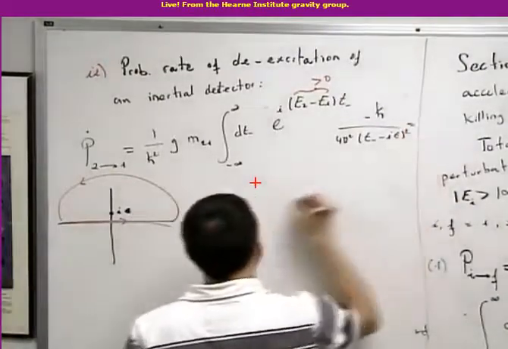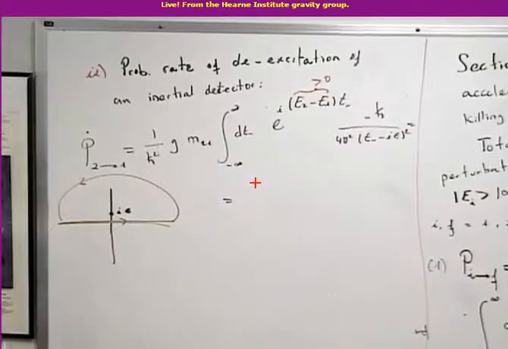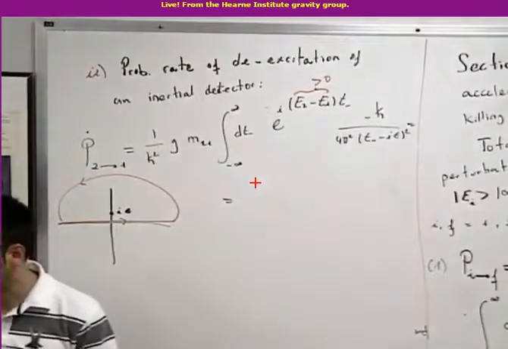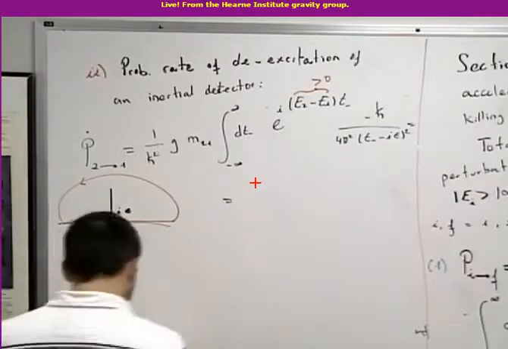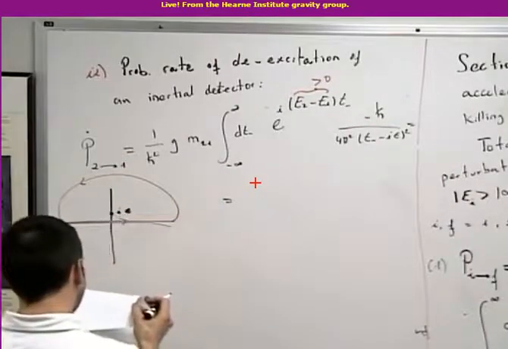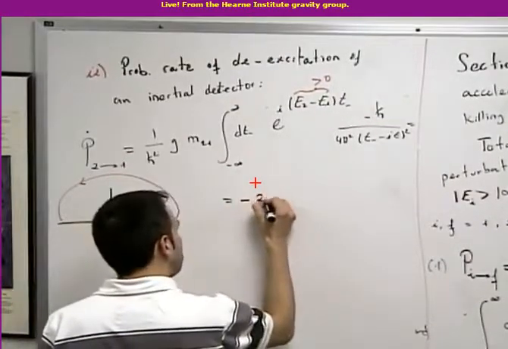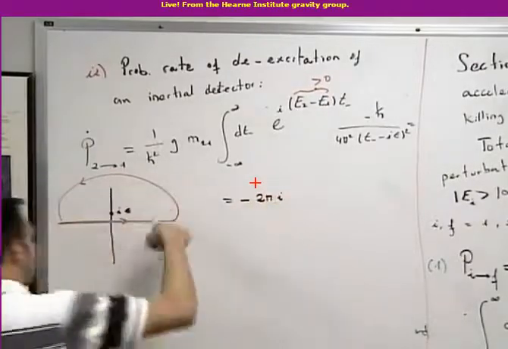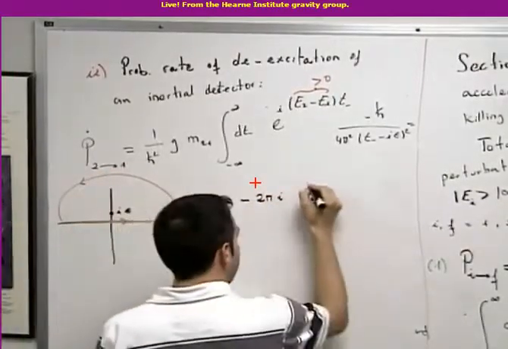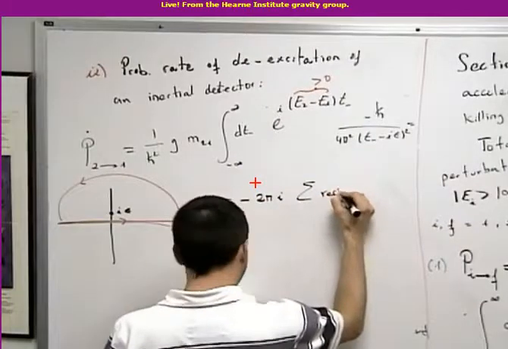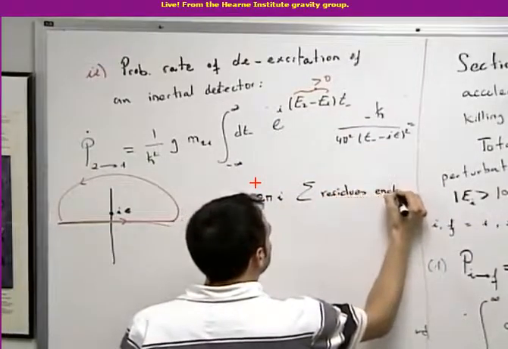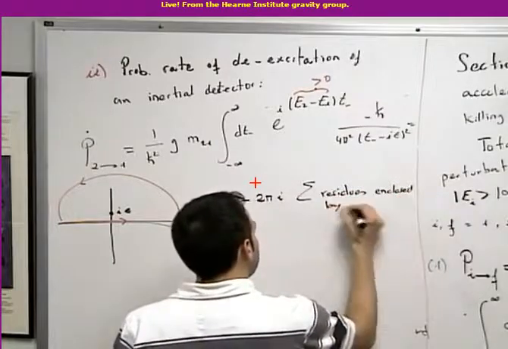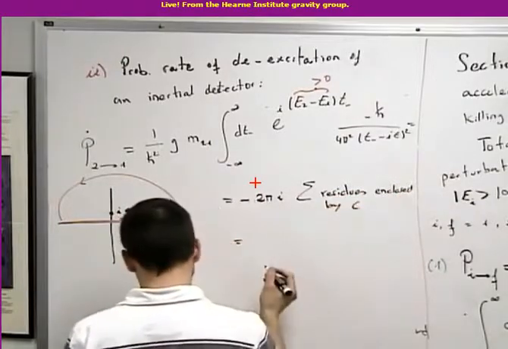So it's going to be non-zero, as expected, because if you have a detector excited in Minkowski spacetime, it will decay spontaneously. So if you compute, this is going to be minus 2 pi i, because of the way that one is closing the circuit, the sum over residues enclosed by the circuit.